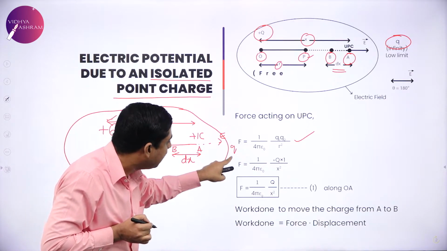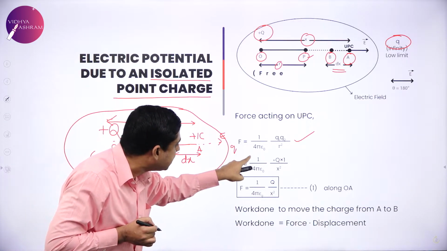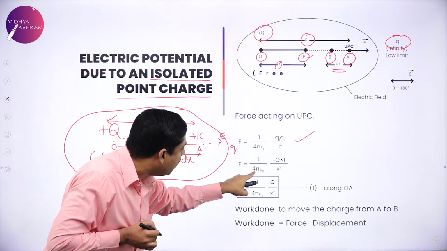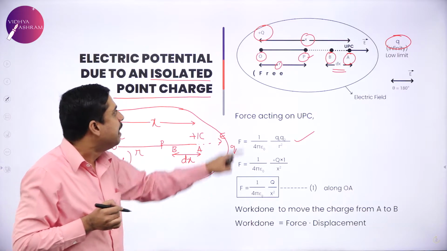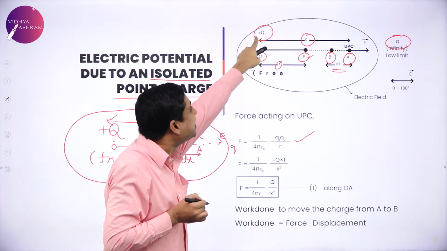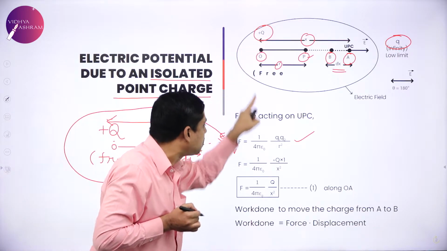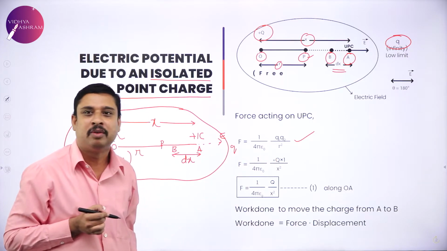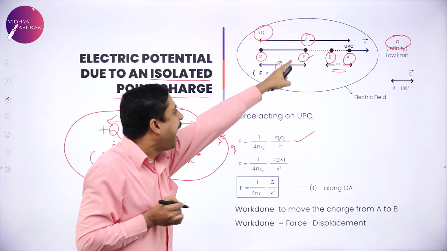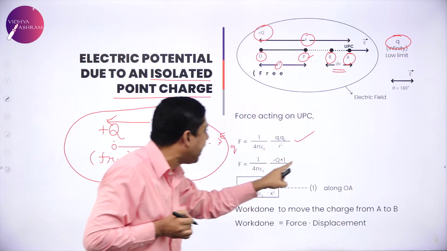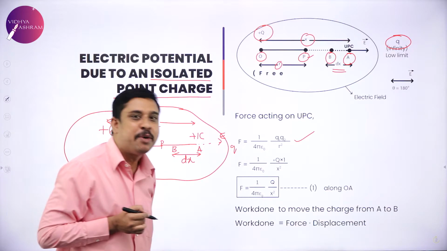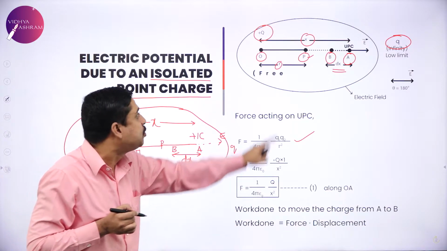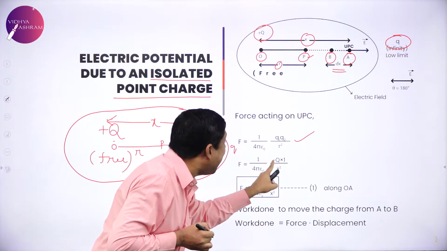Substituting here, F equals 1 by 4 pi epsilon naught, magnitude of the first charge, my source charge, plus Q, into magnitude of the UPC, the second charge, 1, divided by the distance between them, which is x.